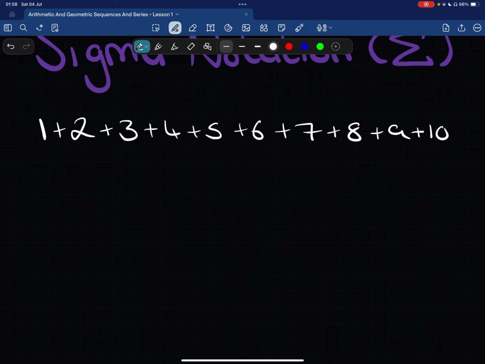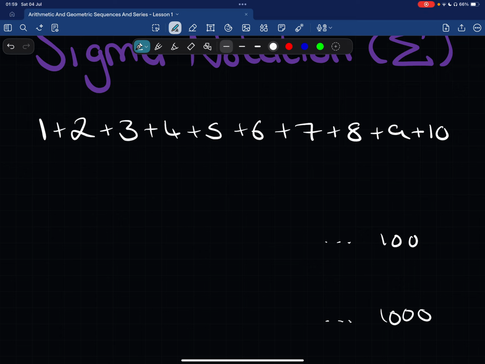Writing all this takes some time. Given that it's only 10 numbers, it doesn't take very long. But what if I next say all the way to 100, all the way to 1000, and so on and so forth? That would take you a very long time to write out.